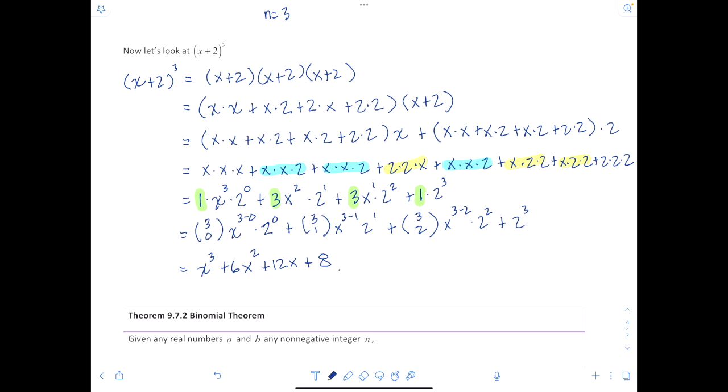And our coefficients are given by, oh, and I didn't write it in this one, my bad. Move this over. And then this one would be 3 choose 3, which is 1. So these are the coefficients given to us by Pascal's triangle.